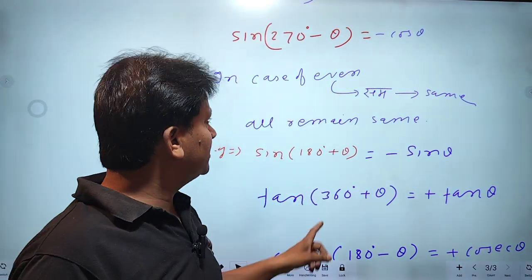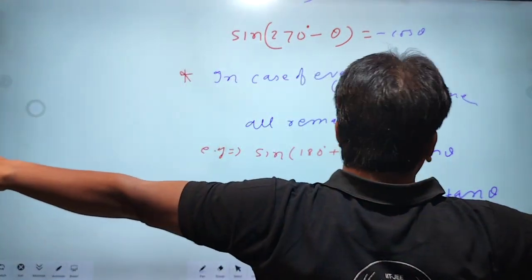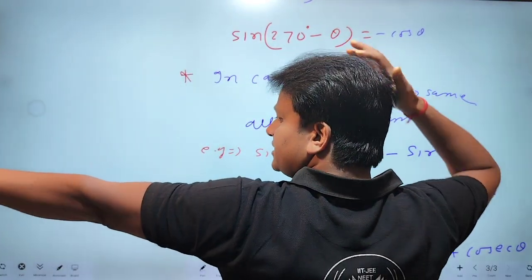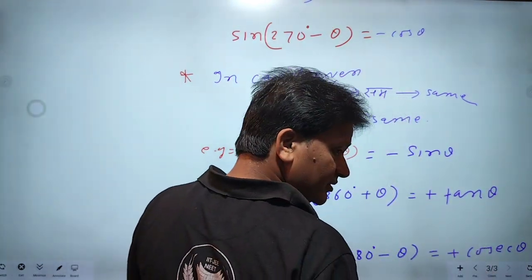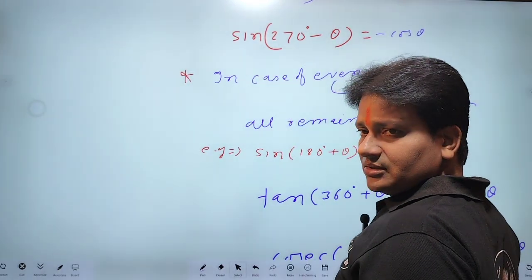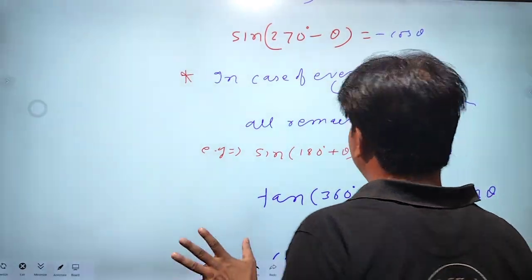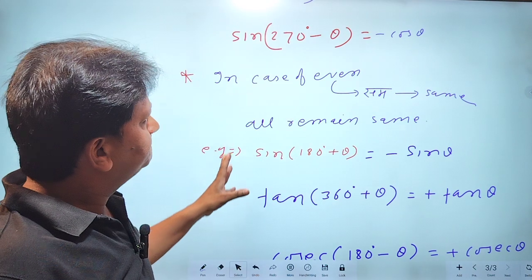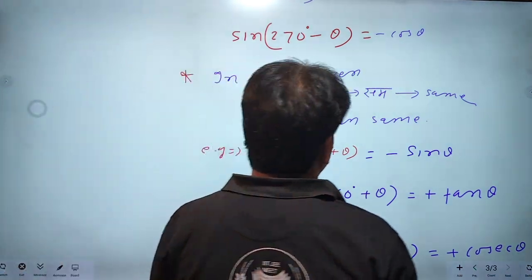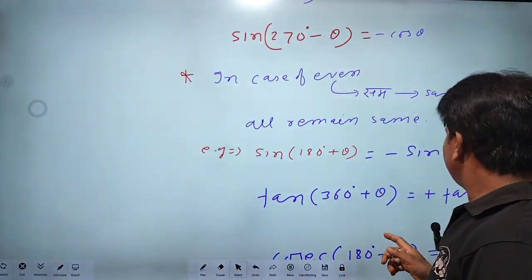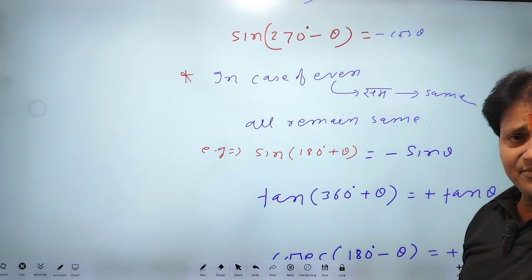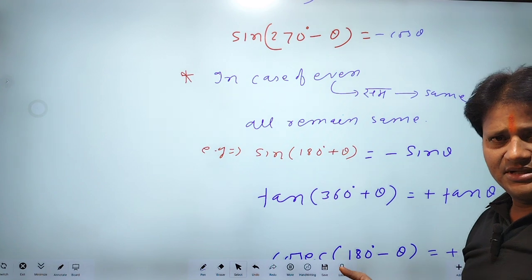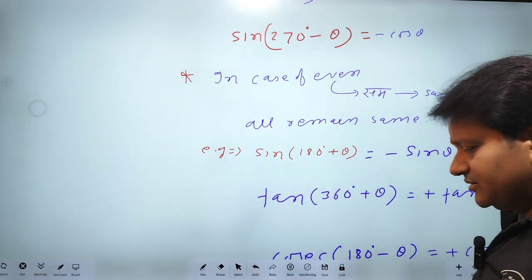Sine 180 degree plus theta. This is 0 degree and this is 90 degree and this is 180 degree. And below is 270 degree. Okay. Niche means negative.